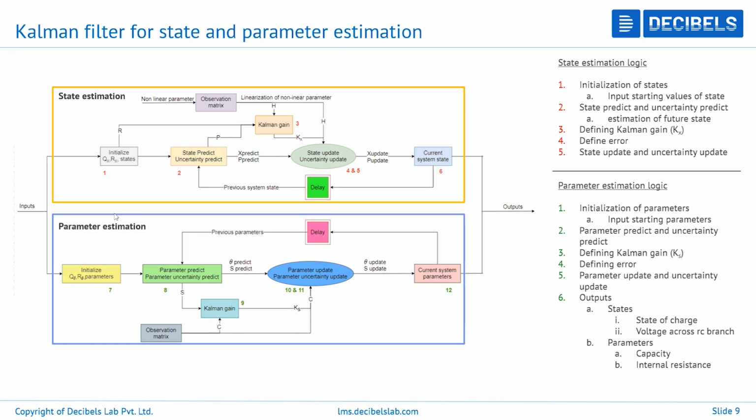Based on this logic itself, we have a Matlab Simulink model, which I'll be showing in a little while. We'll also perform a simulation and see how the state estimation is done, and how the state of health estimation is done. So this is how we are going to be categorizing this Kalman filter. Basically, this entire thing is a multi-purpose Kalman filter.